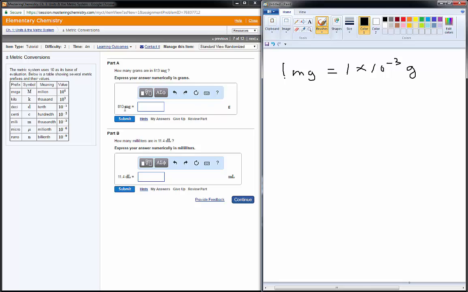So if I apply that here, I see that 813 milligrams is equal to 813 becomes 813, milli becomes 10 to the negative 3, grams stays grams. So 813 milligrams is 813 times 10 to the negative 3 grams. And then because 813 times 10 to the negative 3 becomes 1, 2, 3, becomes 0.813 grams.